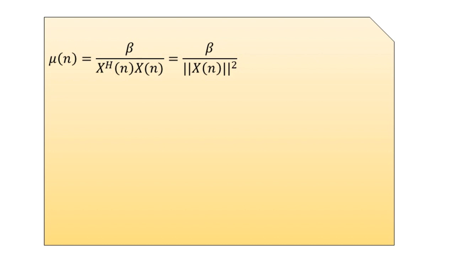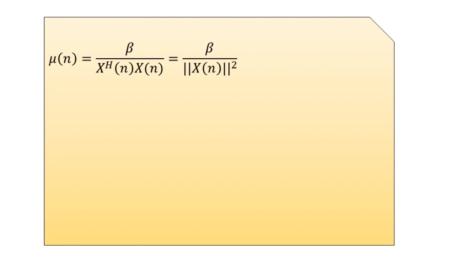In this representation, beta is the normalized step size having the range greater than 0 but less than 2. Now, if we replace mu in the LMS weight vector update equation with mu of n, we get a normalized LMS algorithm that we can abbreviate as NLMS.